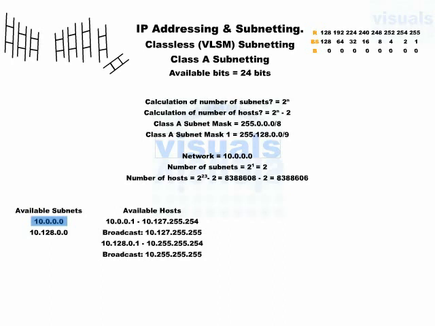At this stage we have 23 bits for valid hosts. By using these 23 bits we are going to have 8388606 valid hosts for each of these 2 networks.